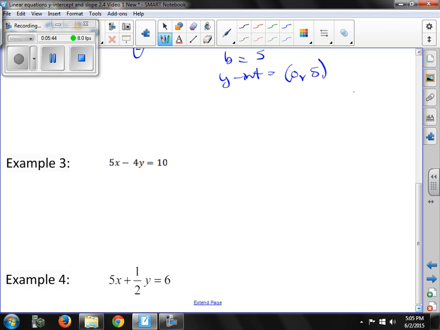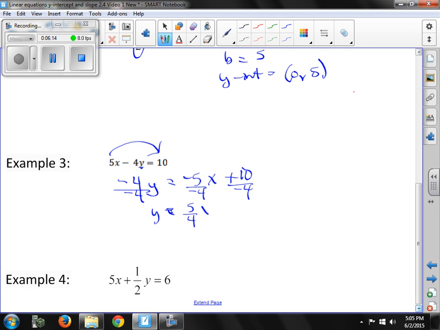Example 3. This time I have to solve for y. So I'm going to move my -5x over here. So I have -4y equals -5x plus 10. This time I need to divide everything by -4 to solve for y. So y equals a negative over negative gives me a positive 5/4 x.